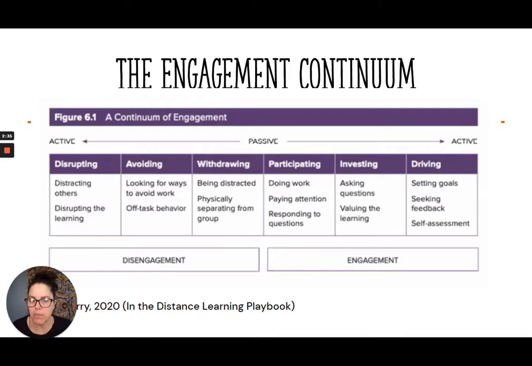Students may be participating, doing the work, responding to questions, they could even be validating and valuing the work. But how do we get to the right-hand side where it's active engagement? Students are actually driving and setting the goals, part of their own learning, and really initiating their own learning.